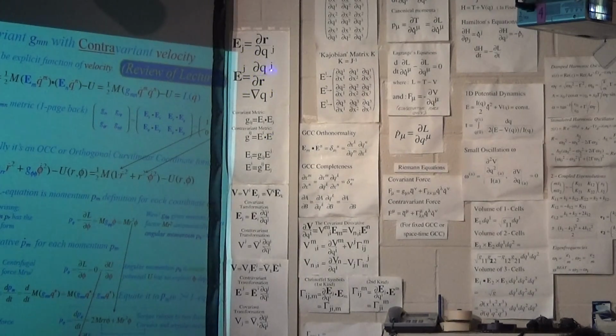That's the vector up in the air. It's normal to the surface, the hypersurface, whereas these are along the coordinate line, and therefore covariant is the name that goes with them. The product of the two covariants or the two contravariants gives the metric tensor.